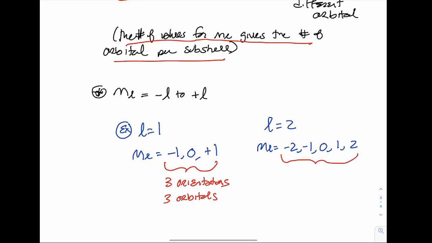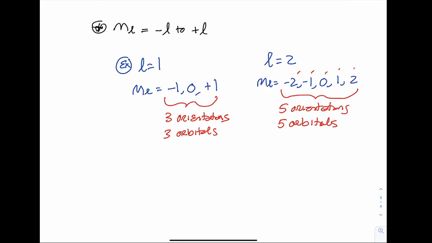If I was to count the number of numbers there, there's 5 of them, right? 1, 2, 3, 4, 5. So I have 5 different ways I can orient the shape. So 5 orientations in 3-dimensional space. Each orientation is a different orbital. So I have 5 different orbitals when L is equal to 2.